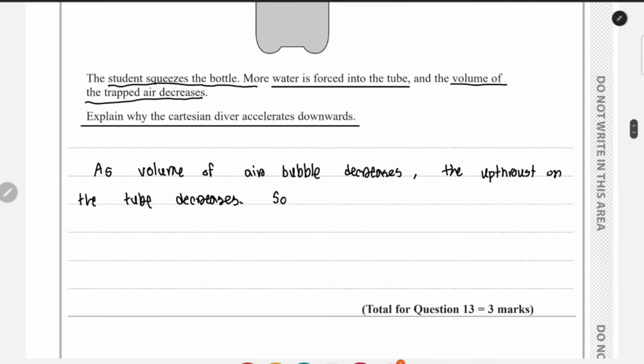I can say so weight is greater than upthrust.